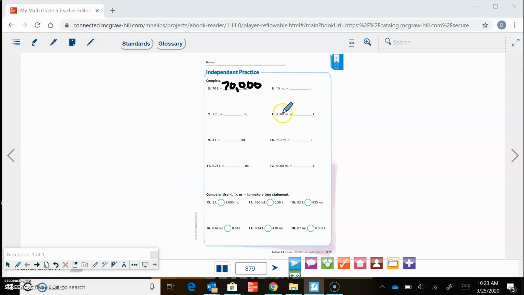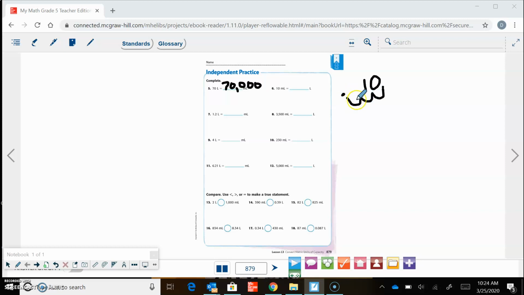Okay. Number 6, 10 milliliters is how many liters? For this one, we're going to be dividing. So you're going to write your 10 with your decimal point in the back. We're moving it how many places? Always 3 because there's 3 zeros in 1,000. 1, 2, 3.